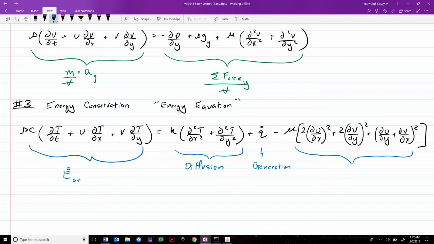In other words, we've got all these shear flows multiplied by friction contributing some amount of thermal energy through viscous dissipation. So we'll go ahead and call this term here viscous dissipation or frictional heating.